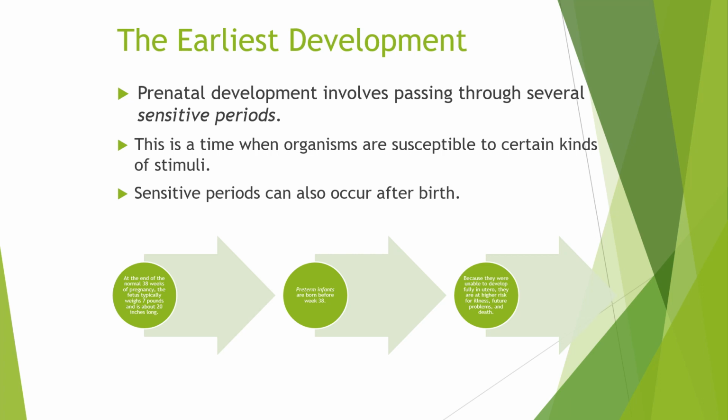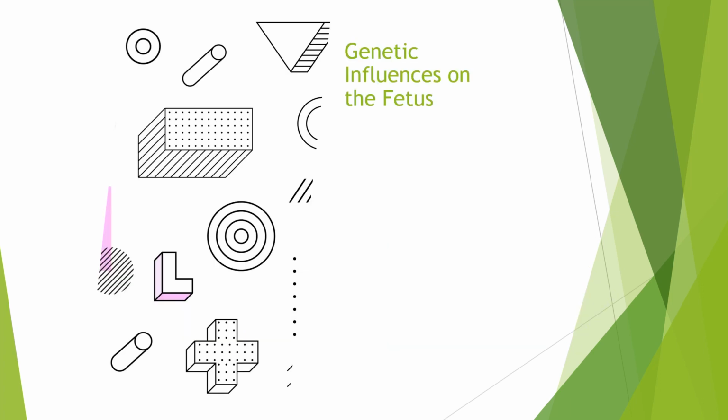Now, let's come back, and we're still talking about the fetus. But let's talk about the genetic influences on the fetus. In 2% to 5% of births, the child may have serious defects.